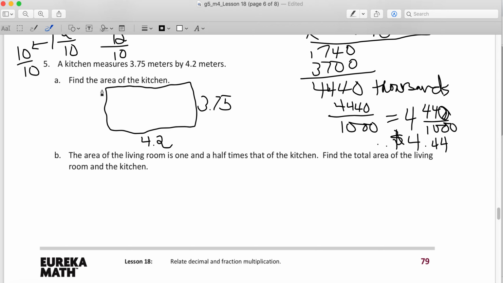Find the area. So we know that a formula for the area is length times width. Length times width. So we're going to do 375 hundredths. Now, how did I know already off the top of my head?